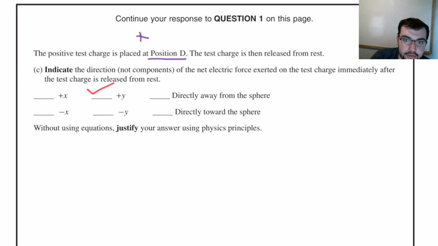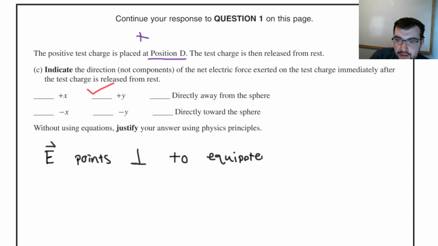So why is this true using physics principles? Well, E points perpendicular to equipotential lines.